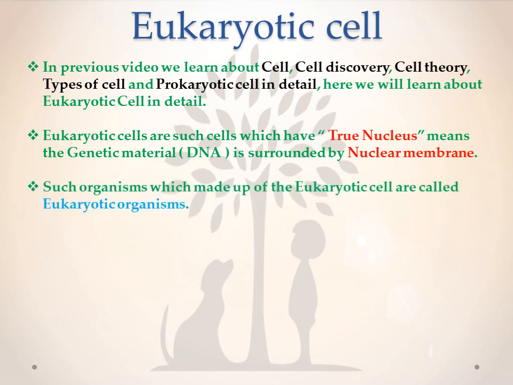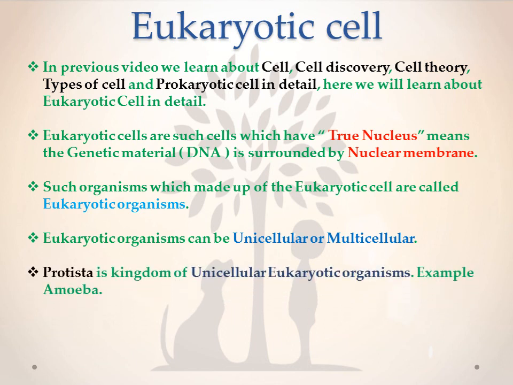Organisms made up of eukaryotic cells are called eukaryotic organisms. Eukaryotic organisms can be unicellular or multicellular, meaning they can be single-cell organisms or multicellular organisms.